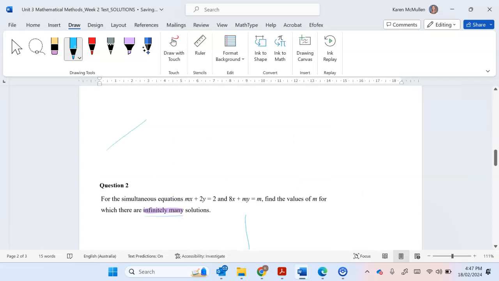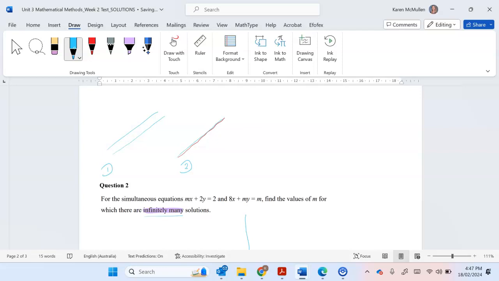We have either parallel lines, they have the same gradient, or we have the same line, so just pretend those lines are on top of each other. So we've got 2 scenarios. This is scenario 1 and scenario 2, where the gradient is the same. To differentiate between those 2, whether the lines are parallel or they're the same line, we need to check.